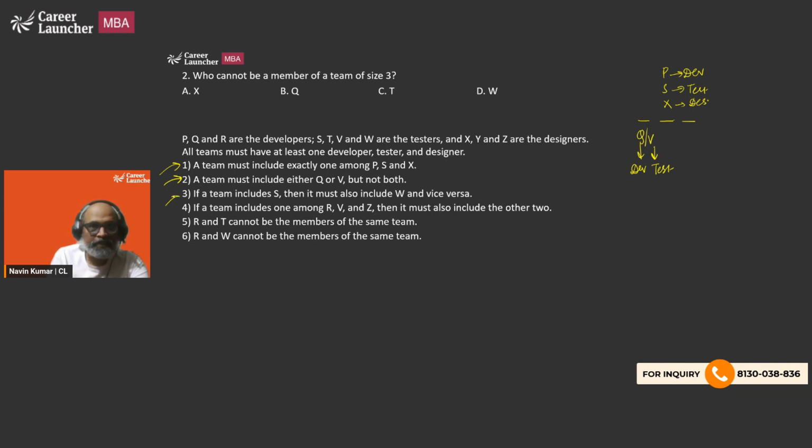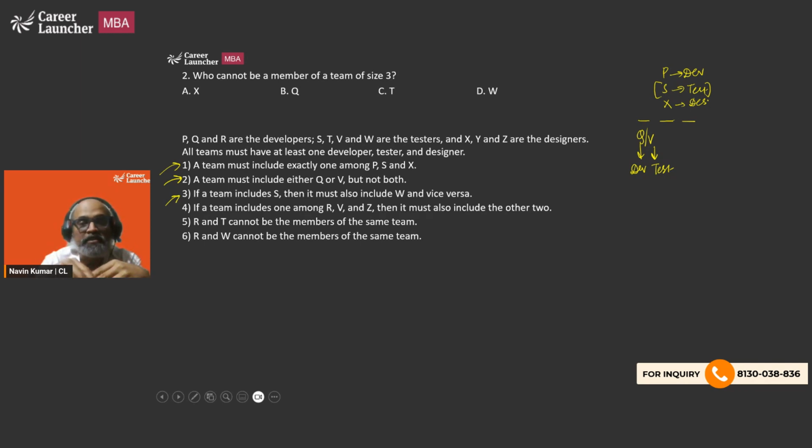Now, if a team includes S, then it must also include W and vice versa. So S and W, they both are testers. So we cannot have S here, right? Because if S is brought in, one tester is there, then W is another tester. So out of three people, we will have two testers, and there are only three positions vacant overall.